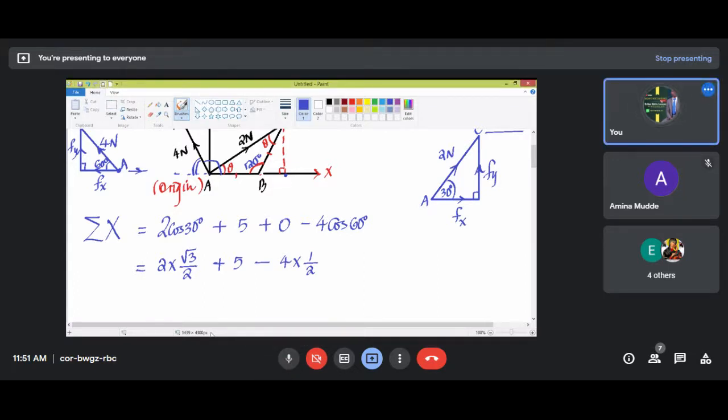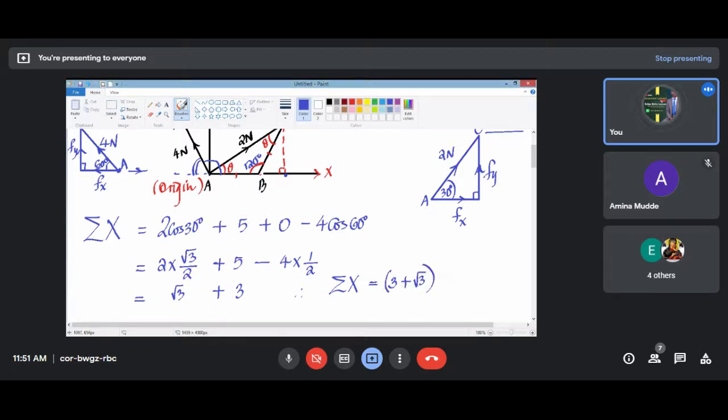Right. So that one becomes root 3 plus, is that 5 minus 2, which is 3? So our summation of x is actually 3 plus root 3.